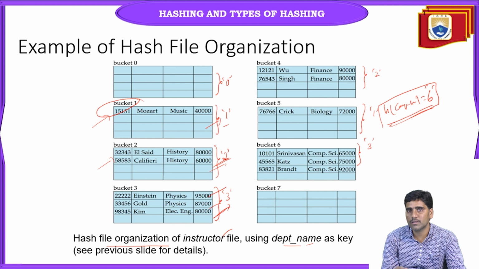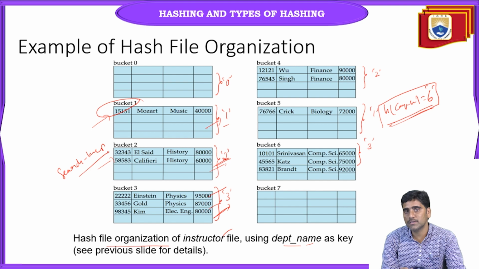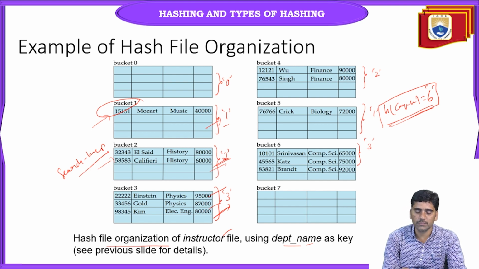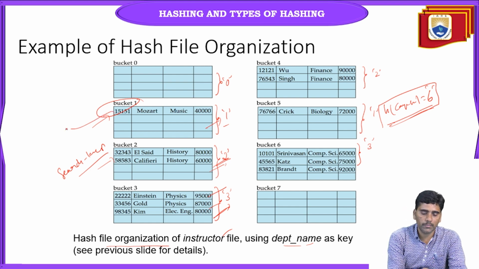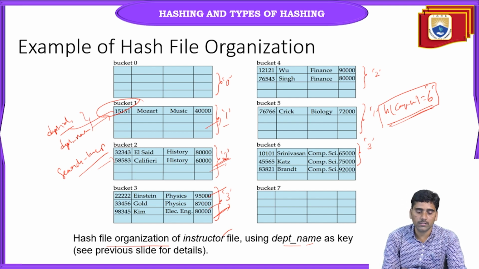But to retrieve all the records, you have to use the search key values, such as the department ID, instructor ID, or department name. The records will be displayed on the basis of the search keys.